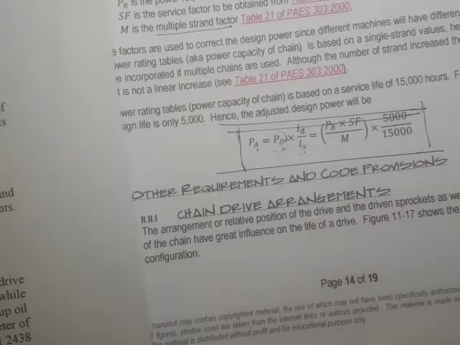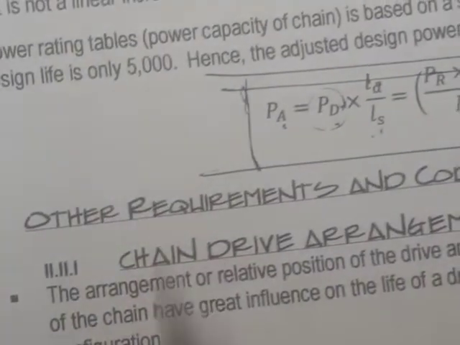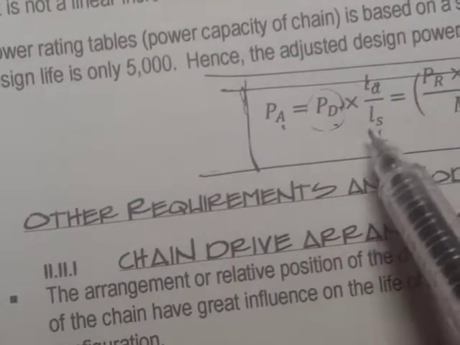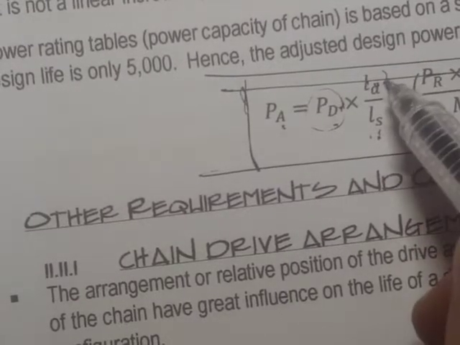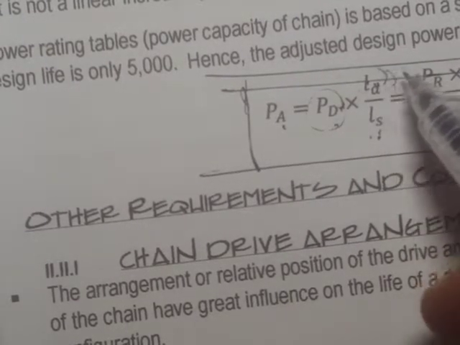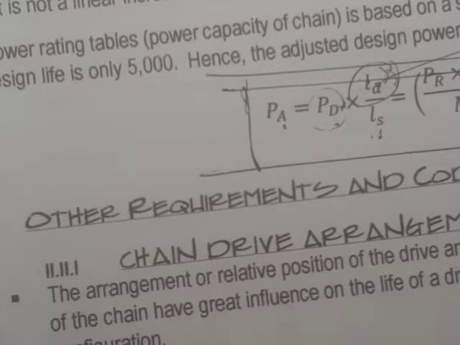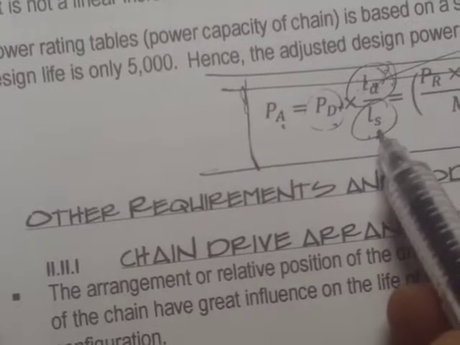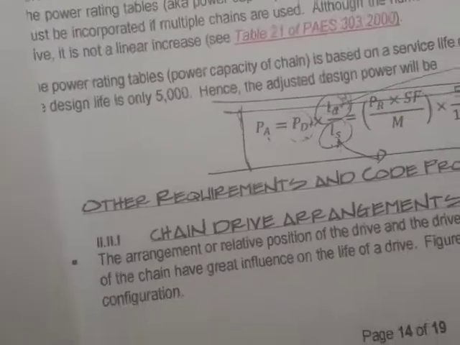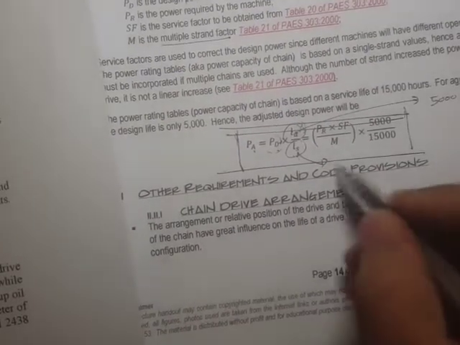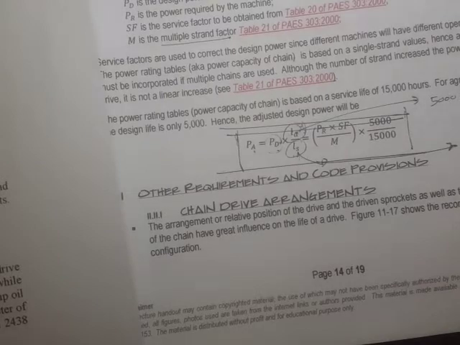So here we have L sub D and L sub S. For agricultural machines, the design life is just 5,000 hours, and this service life is typically based on 15,000 hours.